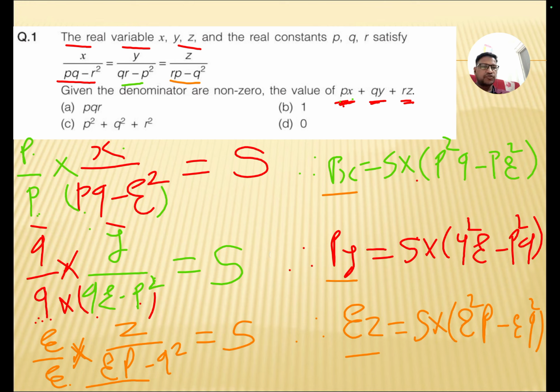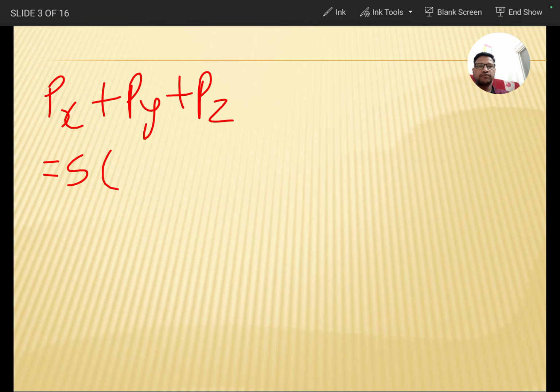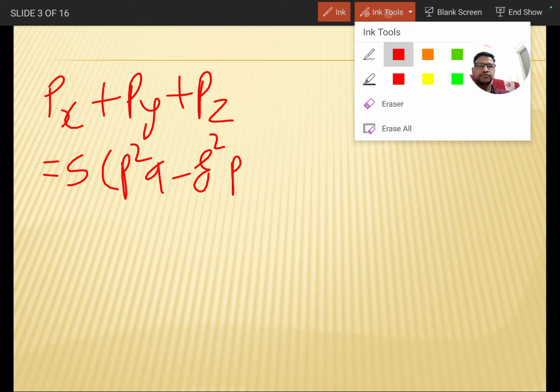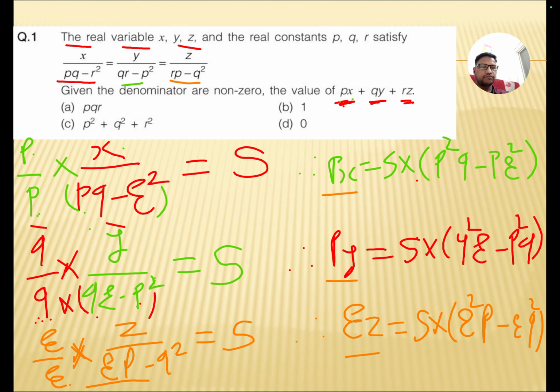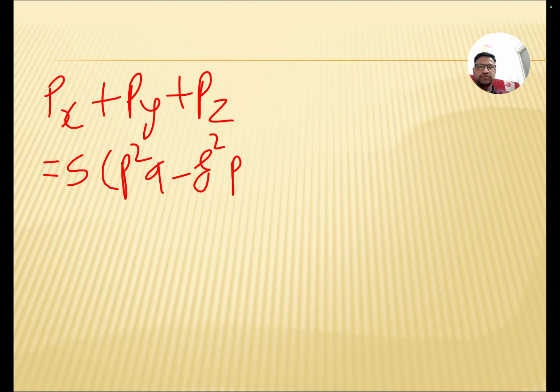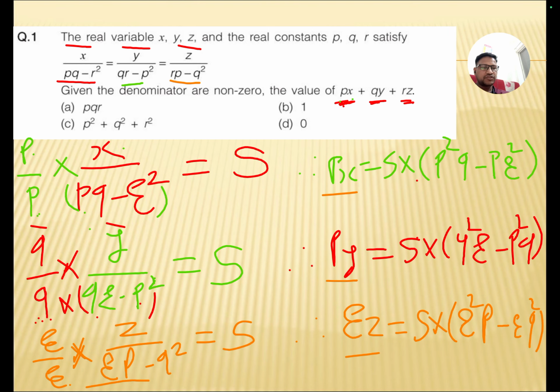So from the first term, p square q minus p r square, right? Now the second term is q square r minus p square q.